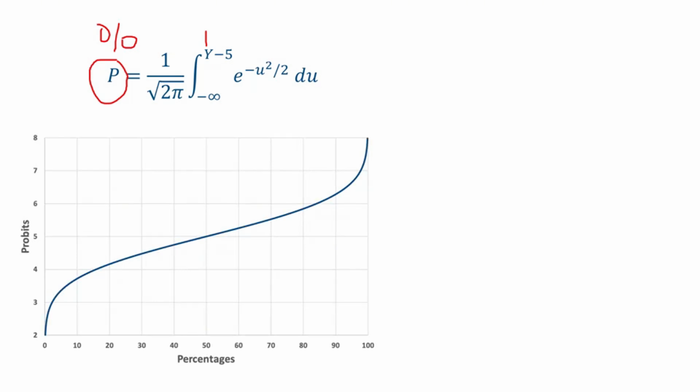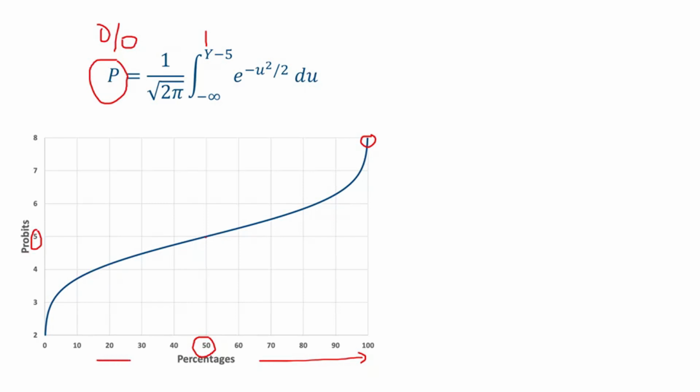Just a couple of things to point out from this relationship. We see that the point at 50% is equivalent to the probit value of 5. As we approach 100%, the probit value comes up to 8.